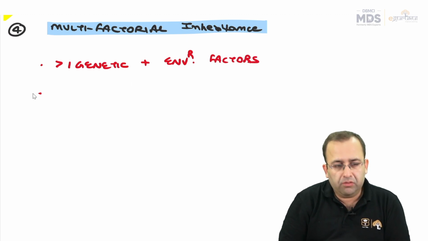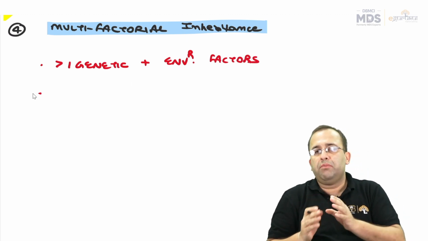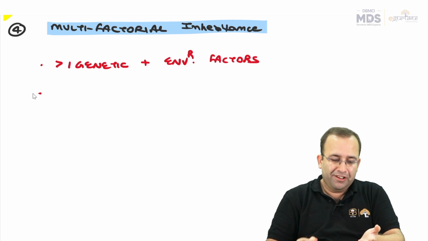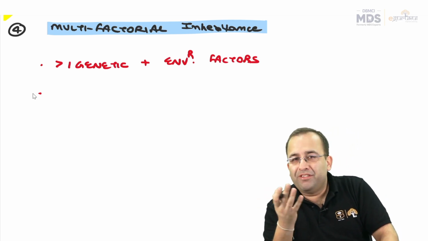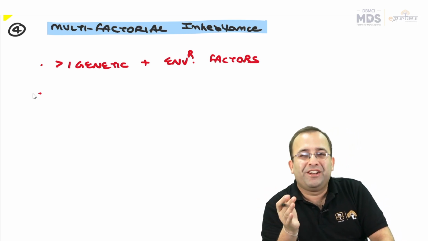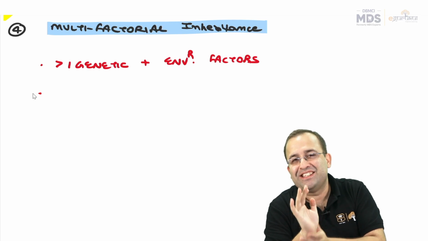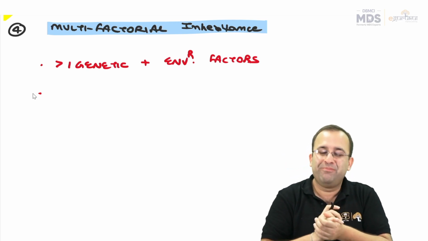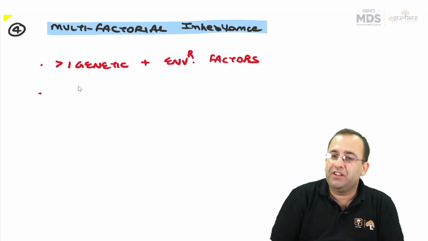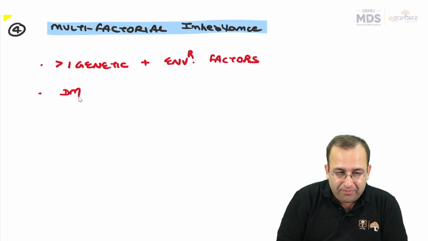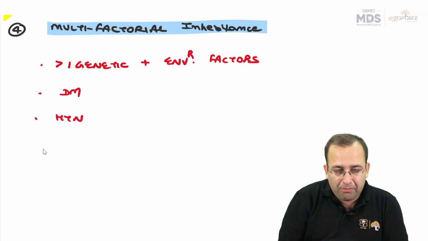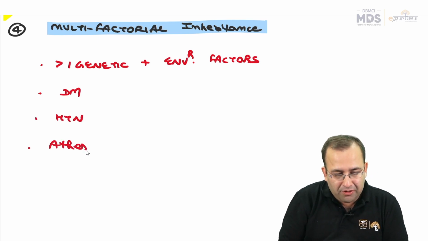Environmental factors means lifestyle, the way we keep having chicken and Pepsi all the time. So which are the multifactorial diseases? Diabetes, hypertension, atherosclerosis, associated with lifestyle.